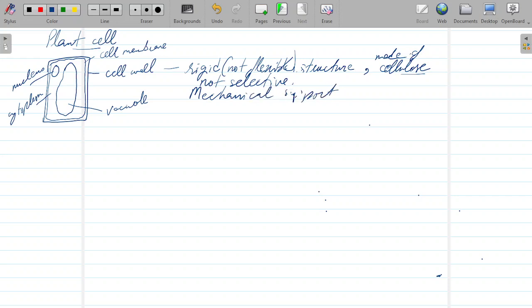It provides physical support by giving a definite shape to the cell and, as we learn later, preventing it from bursting. These are things we'll come to as we move along the syllabus.